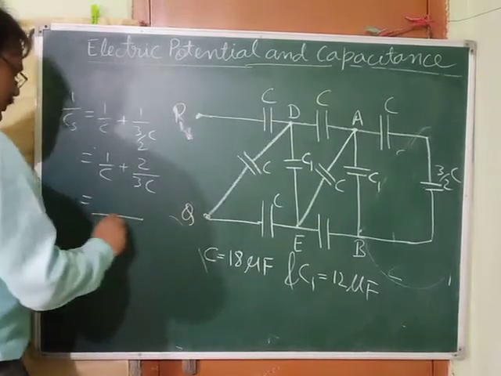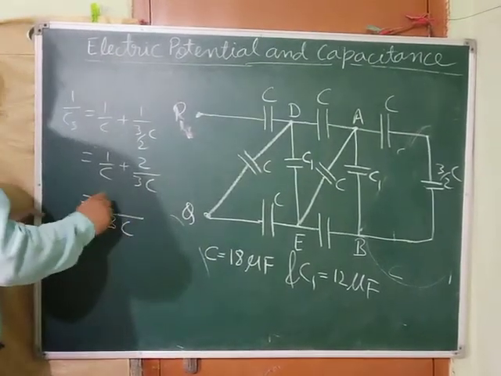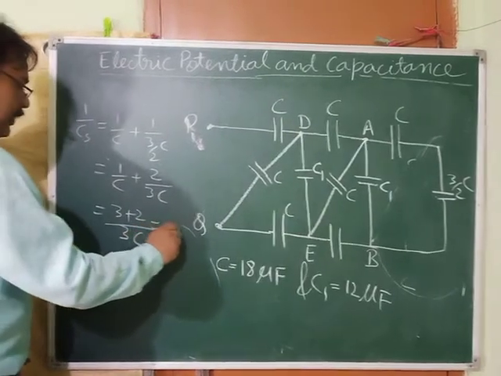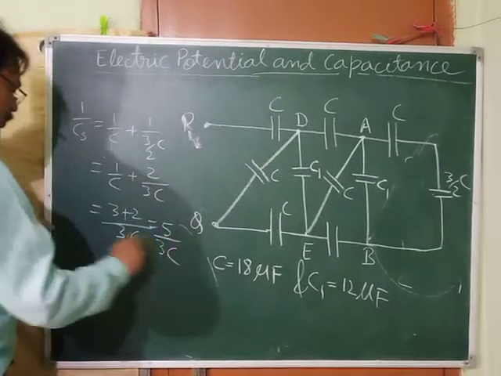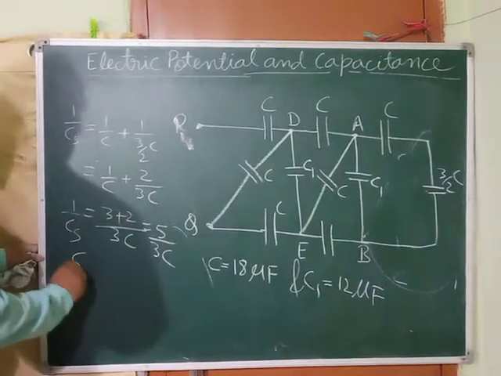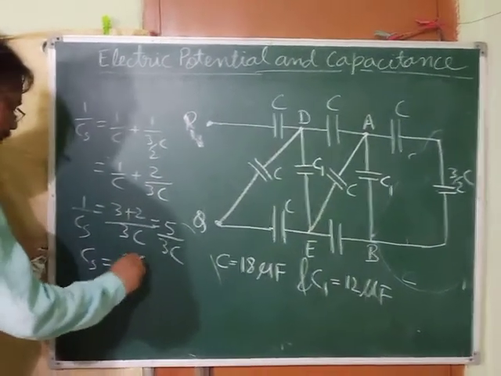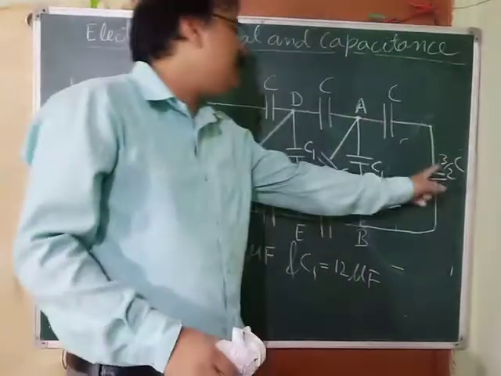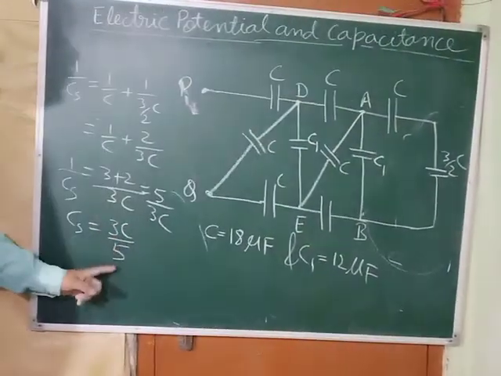We can take the LCM 3C. We can write 3 plus 2, that is 5 by 3C. That is 1 by CS. Now CS is 3C by 5. So we got the equivalent of these two as 3C by 5.